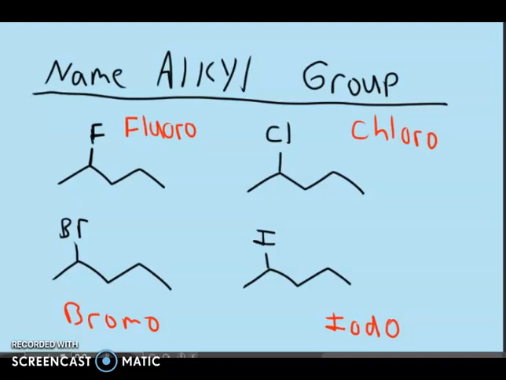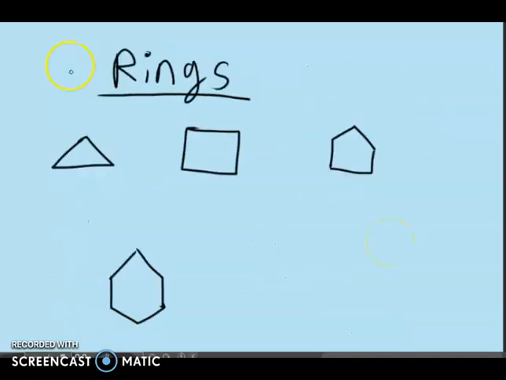Here are the rings that you're going to see. This has 3. All of these are going to have cyclo at the beginning, CYCLO. Every single one has cyclo. Since this one is 3, it would be cycloprop, PROP, YL.